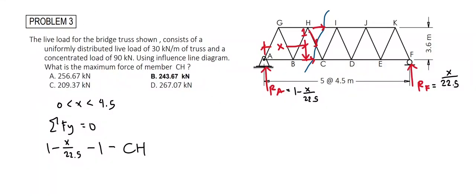To get the vertical component of CH, we multiply this by sine of theta, which is this angle right here. To solve for this angle, we utilize the arctangent function: tangent theta equals the opposite side of 3.6 meters divided by the adjacent side of this right triangle, that is 4.5 divided by 2.